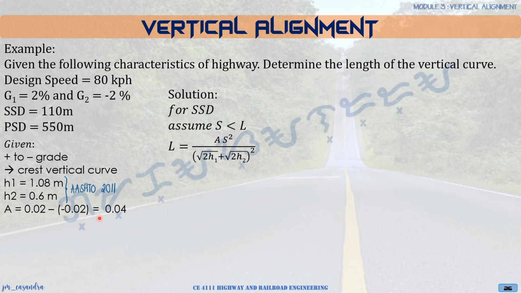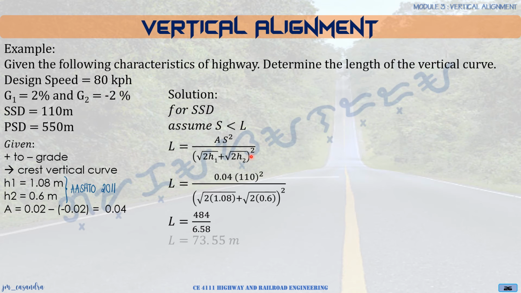But our computed A is in its equivalent decimal value, so there is no 100 here. Okay? So with that, let us substitute the values of A, S, and H1, H2 in the equation. So L now is equal to 73.55 meters.